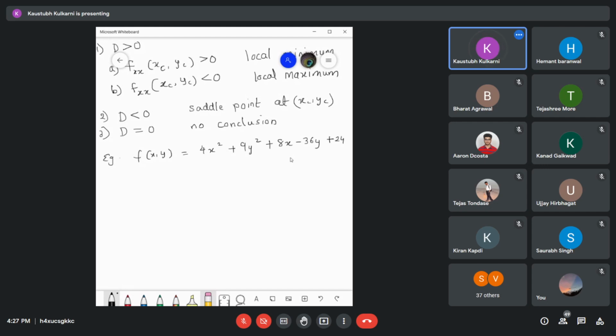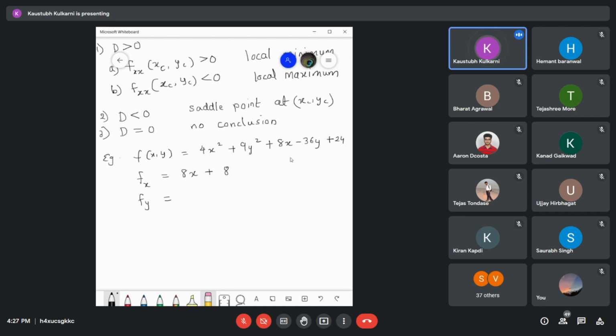Okay, so first derivative with respect to x: 8x plus constant 8.